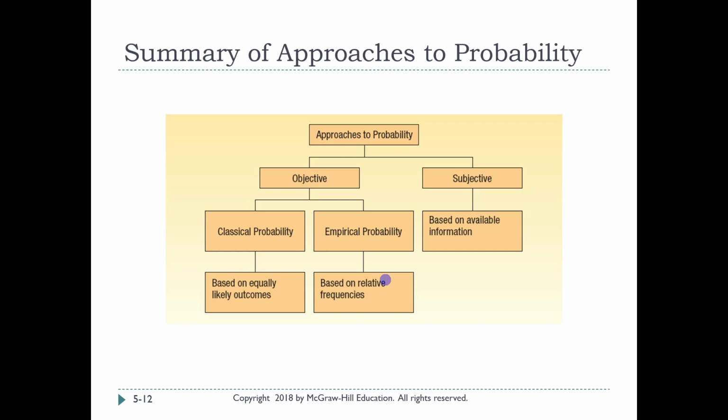So we have two branches of probability: objective and subjective. Within the objective, there's the classical and empirical. Again, sometimes these mix, or we use one to test the other, and vice versa.